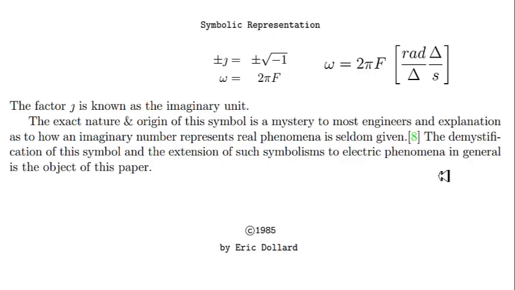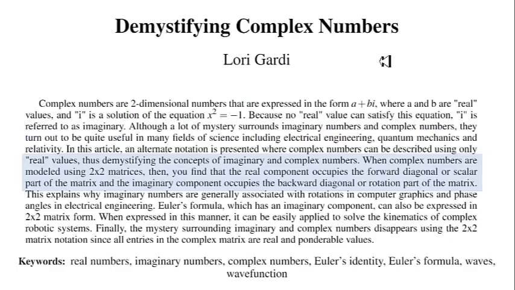So of course I thought it was funny that he used the word demystification, because I wrote a paper called Demystifying Complex Numbers. In this paper, I say when complex numbers are modeled using 2 by 2 matrices, then you find that the real component occupies the forward diagonal, or the scalar part of the matrix, and the imaginary component occupies the backward diagonal, or the rotational part of the matrix.